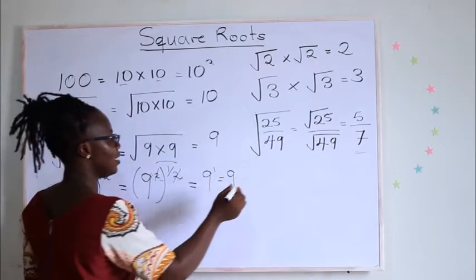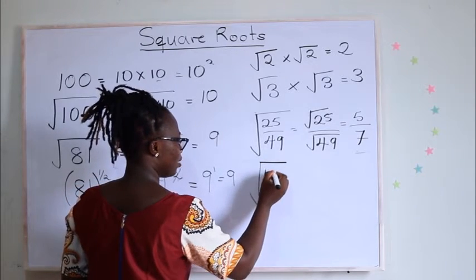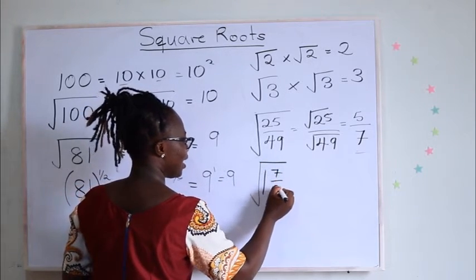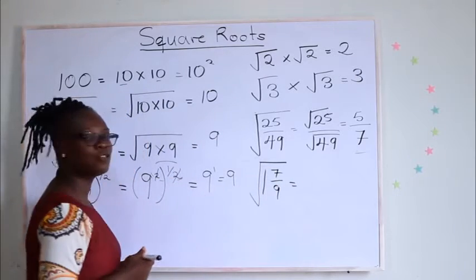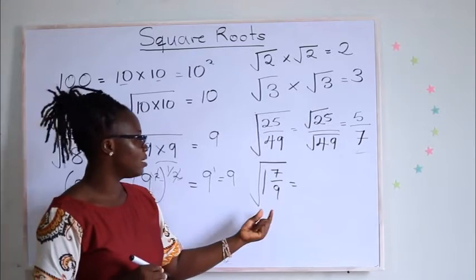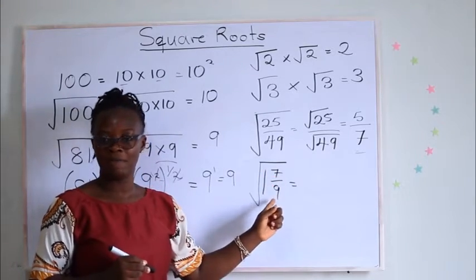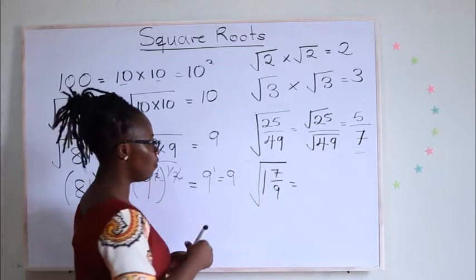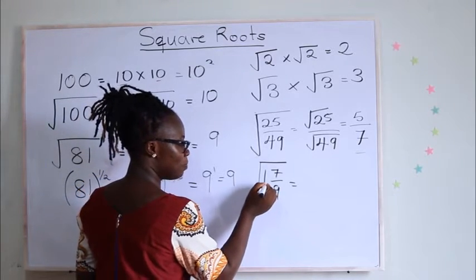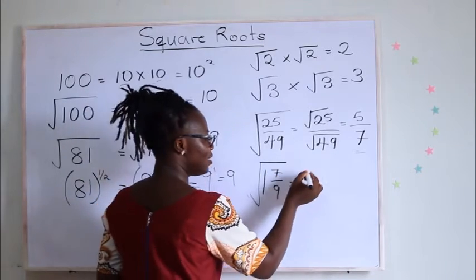Now let's look at a mixed fraction, which is 1 and 7/9. If I want to find the square root of a mixed fraction, it is appropriate to convert the mixed fraction to an improper fraction. Then you solve. So 9 times 1 is 9, plus 7 gives us 16.